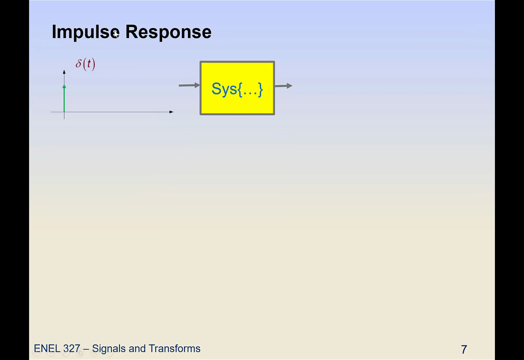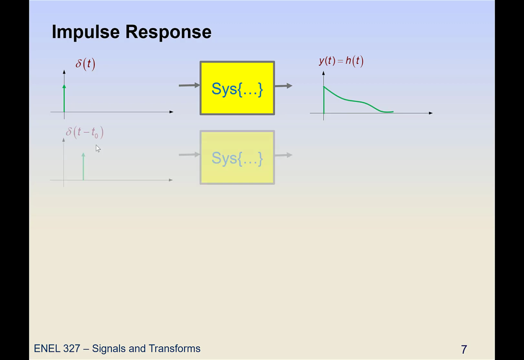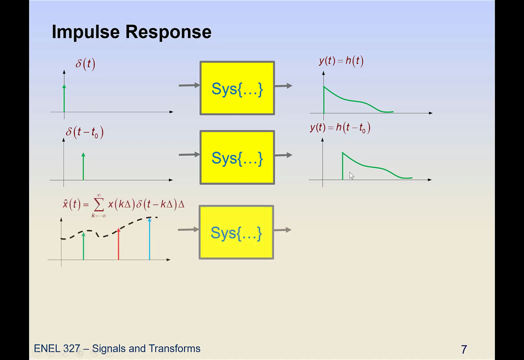So if we know the response of the system to a single impulse, then we know, because it's time invariant, that if we shift that, all we get is a shifted version of that at the output.